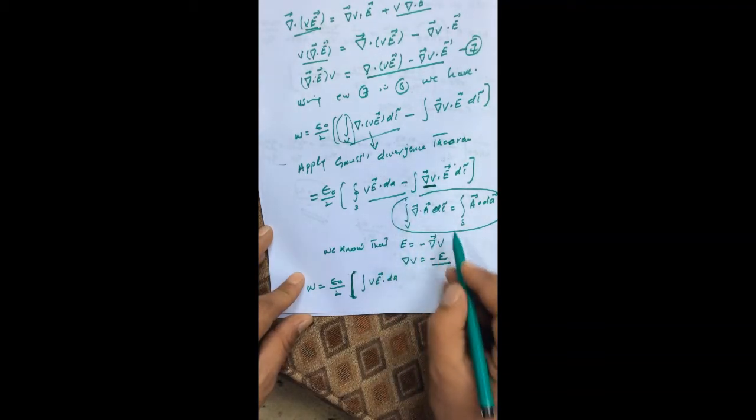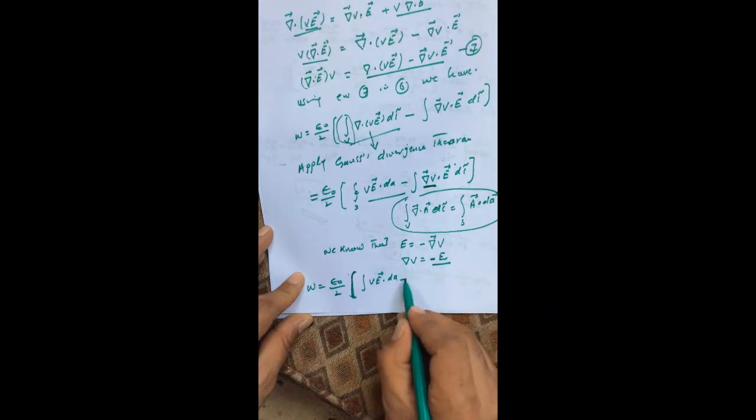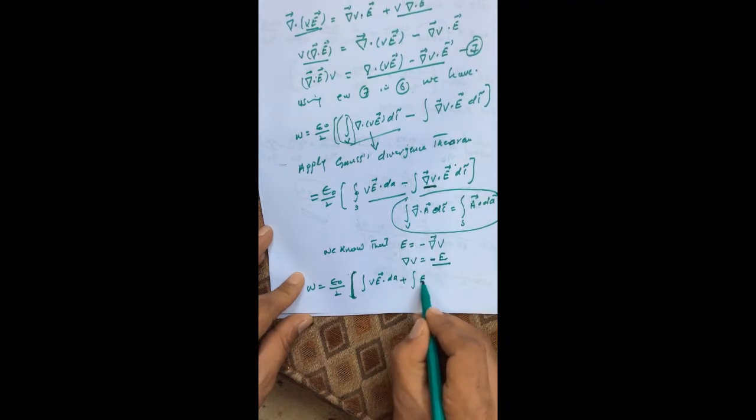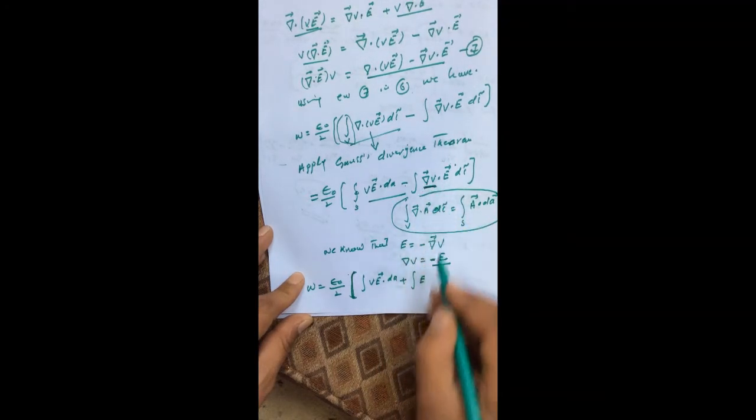Now one minus sign is there, and one minus sign is this one, so it will become plus integral of E dot E, so it will become E square into d tau.